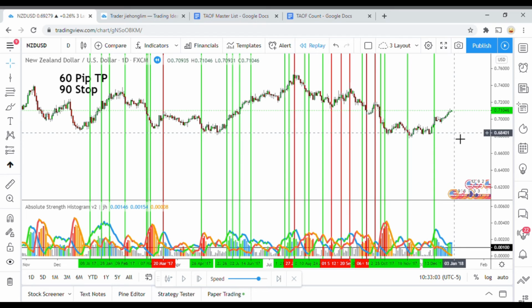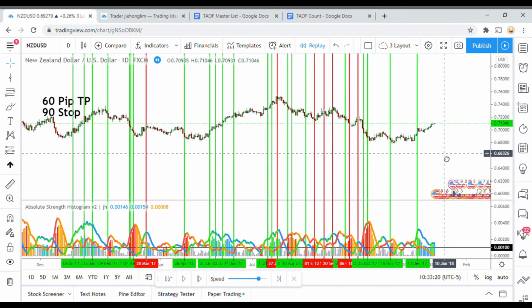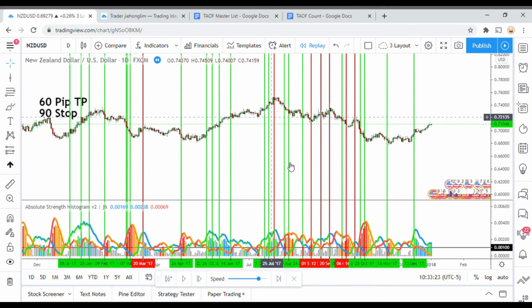I'm sorry, I don't know where I got 62. And so that puts us now at a 74% win rate. And so you see how just doing something very simple can have a pretty extraordinary effect on the overall win rate of a system that you may be trading.